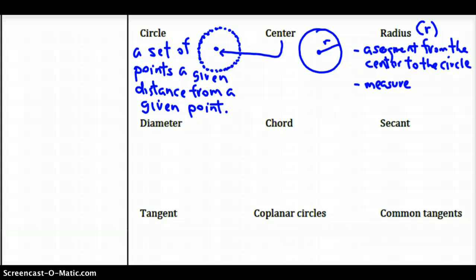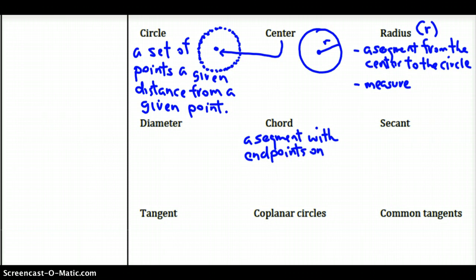The plural for radius is radii. A diameter we'll come to in a moment, but we'll go ahead and do a chord. A chord is a segment with endpoints on the circle. So for a chord, I have an endpoint here, an endpoint here, there's a chord.